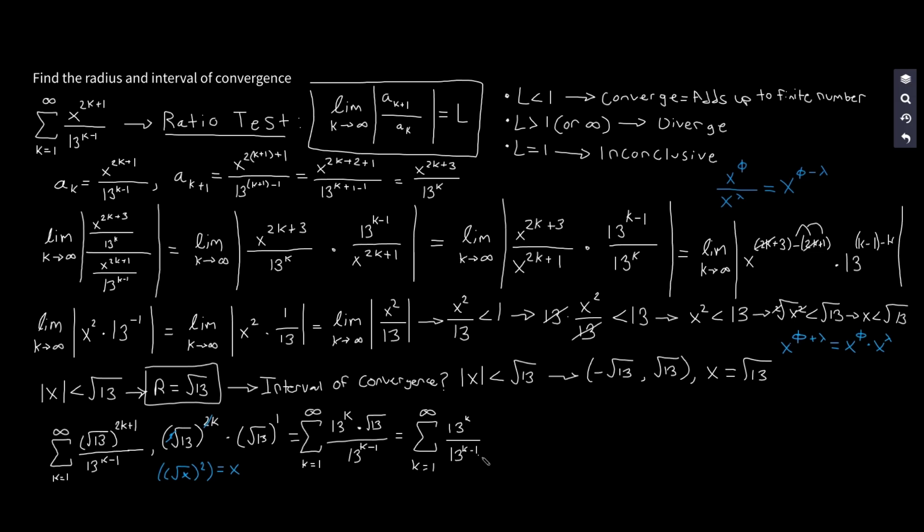Times root 13. So this is going to be the same sort of thing that we did up here. We have the same base in the numerator and the denominator, the base being 13, raised to the power of k in the numerator and then raised to the power of k minus 1 in the denominator. And we could just disregard this root 13 because this is going to be 13 raised to the power of k minus k minus 1.